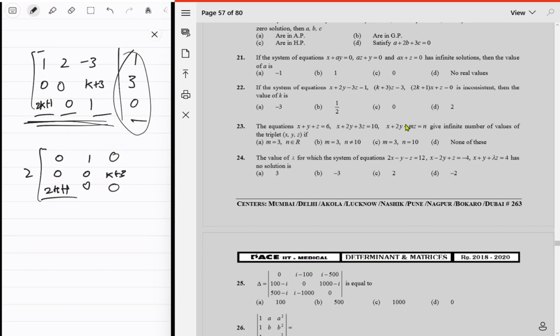Oh, that's interesting. If this is not 0, then you can get rid of this guy, and that would mean this does not have determinant equal to 0. So the only way this would work is that this must be 0. Or you could also have this being equal to 0, that is k equal to -3. Well, then you can't take out this in that case. That is not going well.